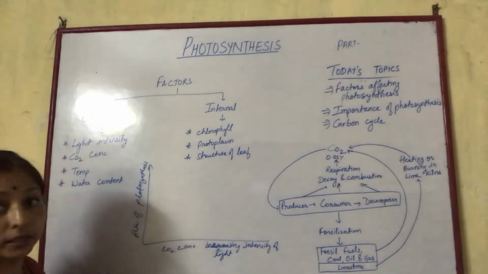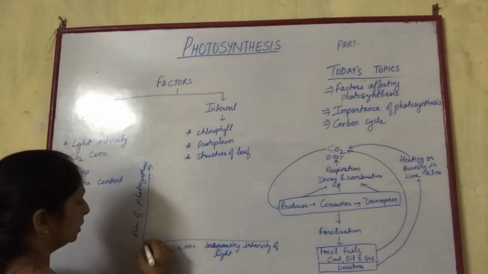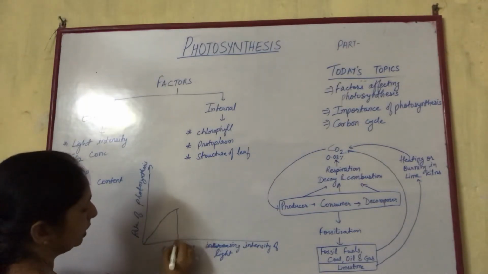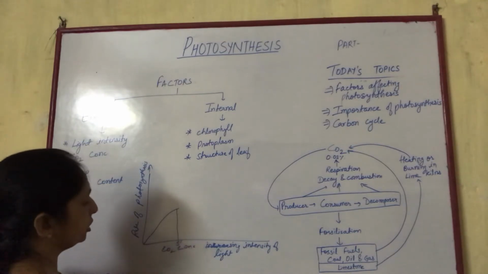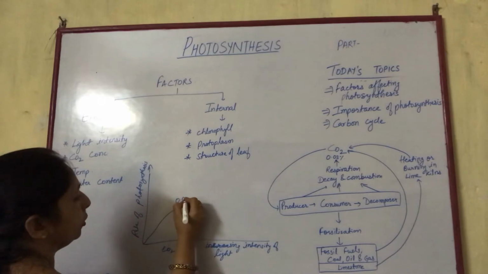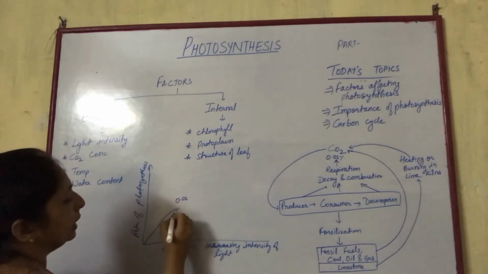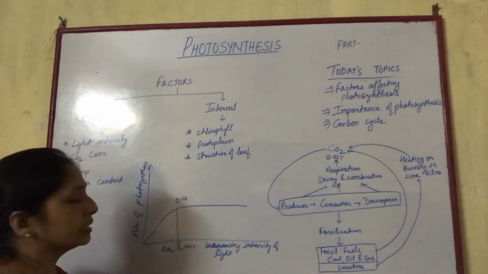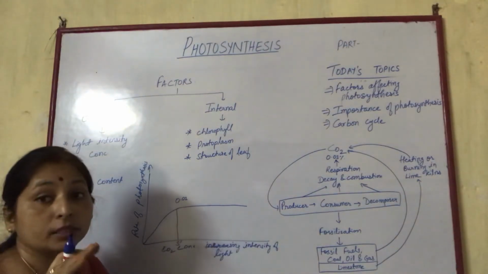The rate of photosynthesis increases up to a mark, mentioned as S dash. At this level, the CO2 concentration is 0.02%, and the process of photosynthesis gets saturated or stabilizes.